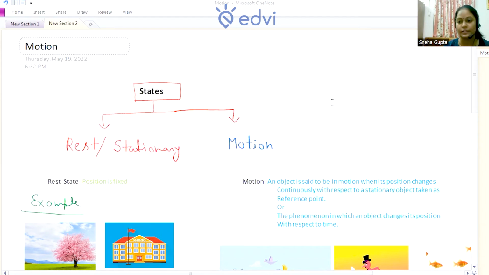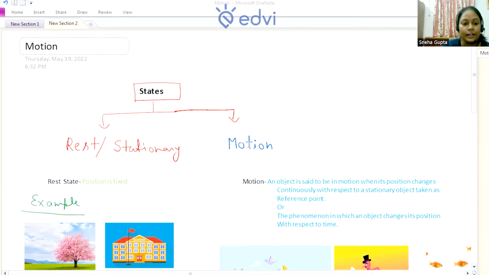Suppose you have learned in chemistry that there are three kinds of states: solid state, liquid state, and gaseous state. Similarly, in physics, there are two kinds of state. First, as I have written here, that is rest state or stationary state, and the other is motion.